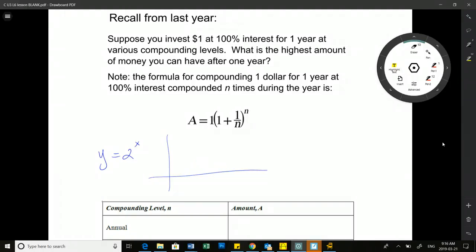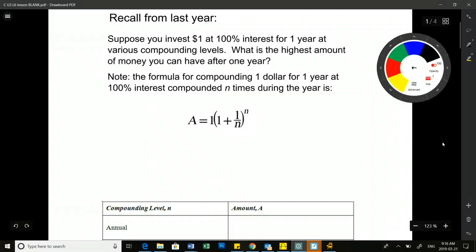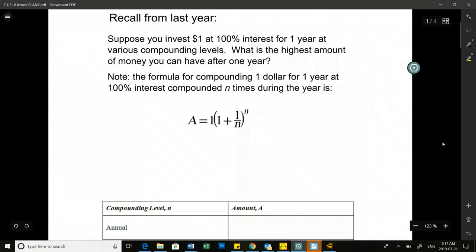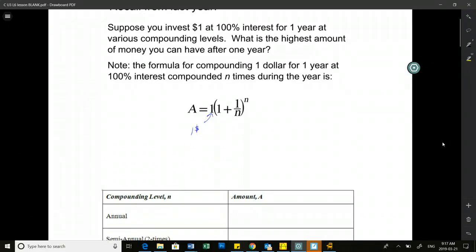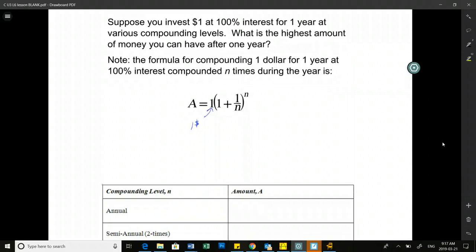Okay, so we're going to use this formula. You may recognize this as something close to the compound interest formula. We are investing $1. I'm going to use that as our example for this one. And we are going to make 100% of that dollar back, right?